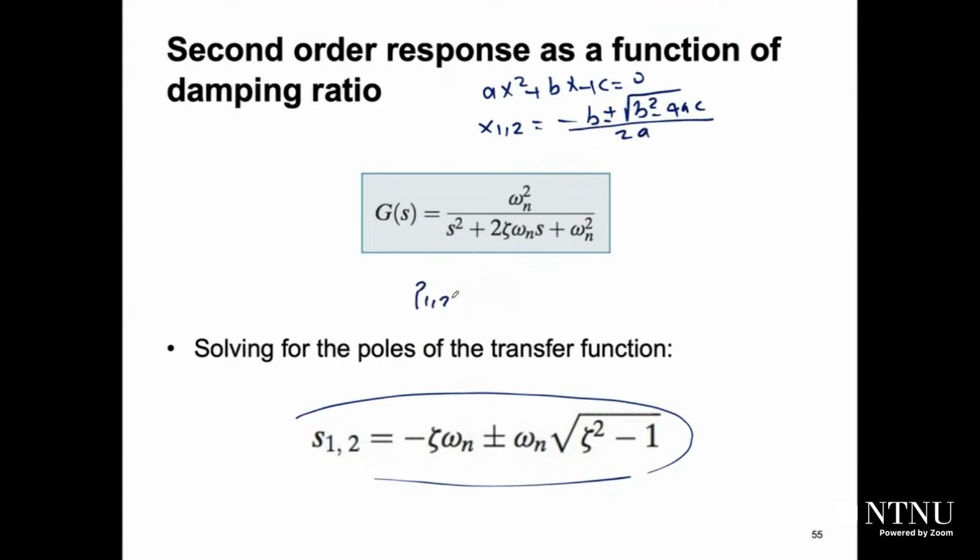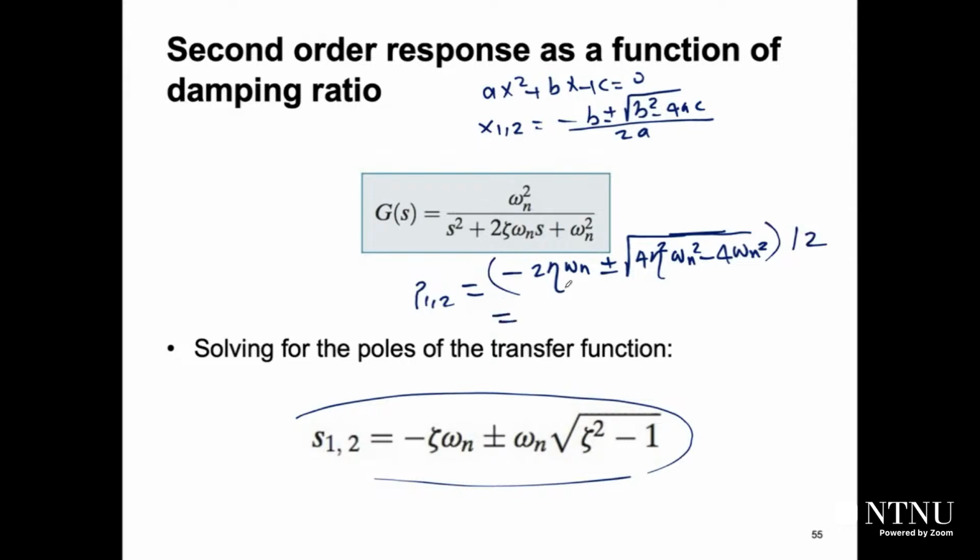So the poles p1 and p2 will be minus 2 zeta omega n plus or minus the square root of b squared, that part, right? So it will be 4 zeta squared omega n squared minus 4ac, 4 times 1, which is 4 omega n squared, divided by 2a, which is just 2.